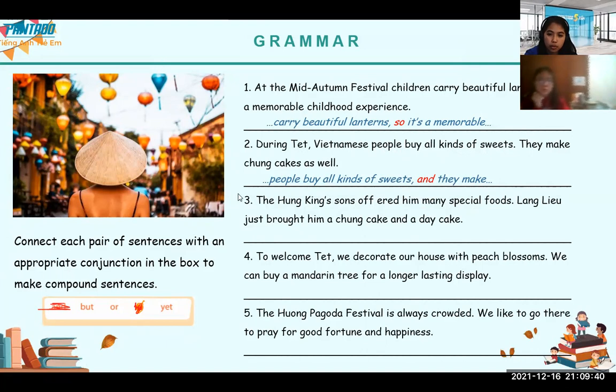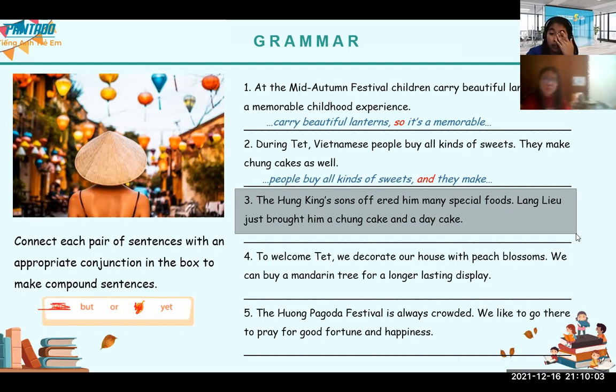How about number 3? Can you please read? Okay, very good. Thank you for reading that one. So, what is your answer for number 3?